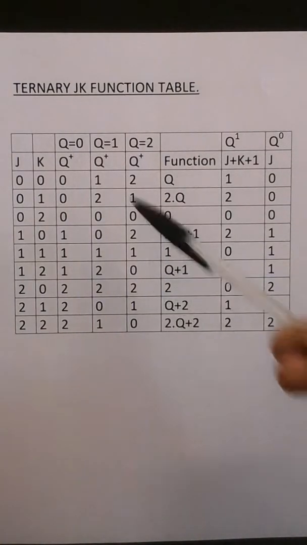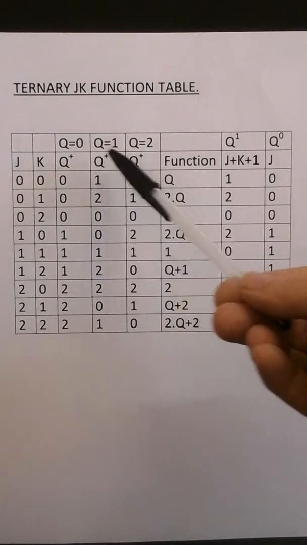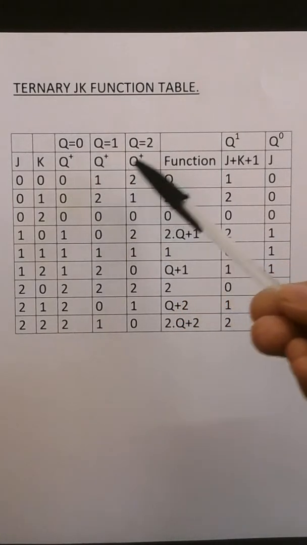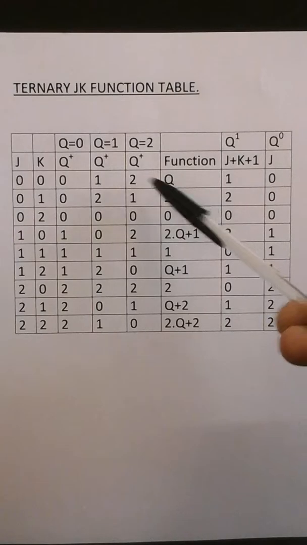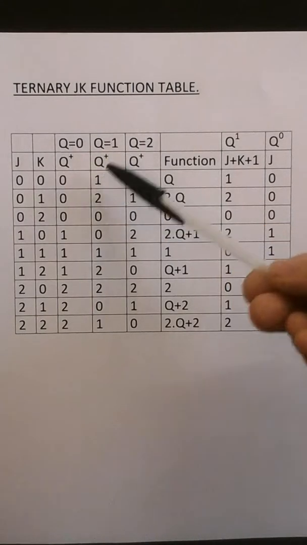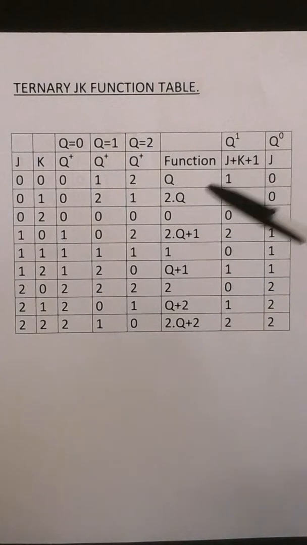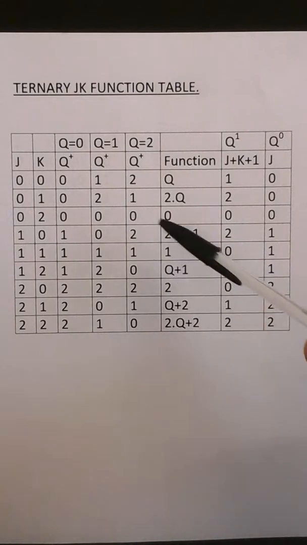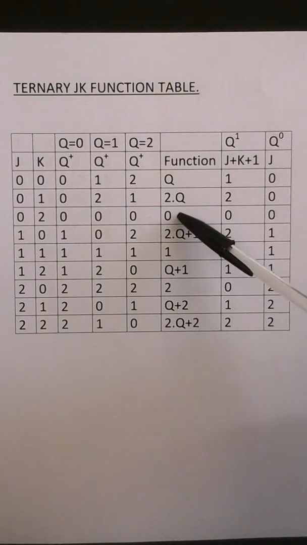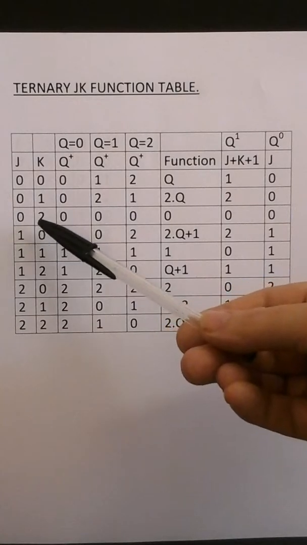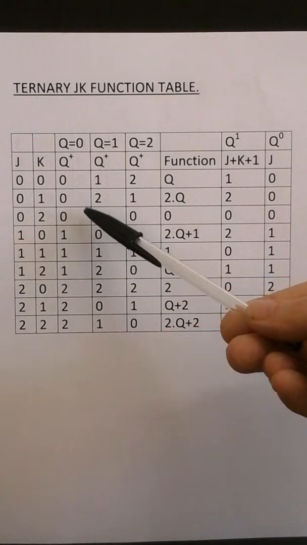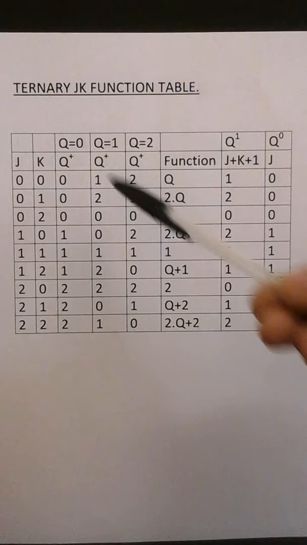So from the function you can work out the value of q plus from the value of q. So a q function there is q, so a 0 there, 1 there, and a 2 there, no change. For 0 here, when j is 0 and k equals 2, q plus equals 0 no matter what the value of q.